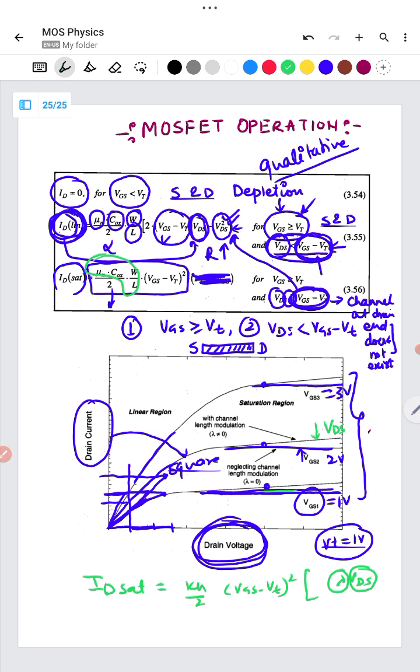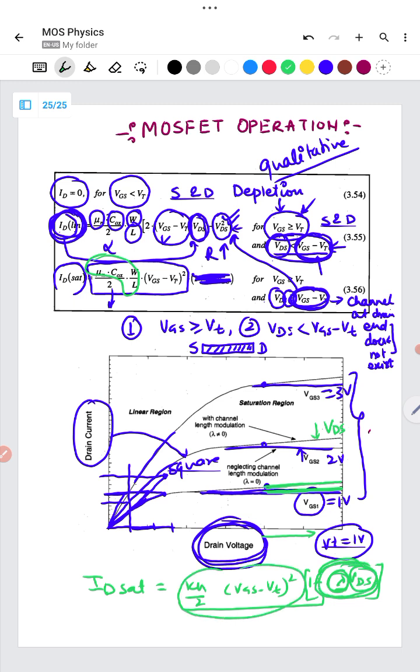It's not constant with respect to VDS, it's depending upon VDS. As soon as you are increasing the VDS, the current is going to increase with the VDS. But that dependency is very small, so we have multiplied this with a very small factor lambda, and 1 plus this. So this current is already there, plus you have some small amount of current. That small amount of current is the original current multiplied by this very small factor.